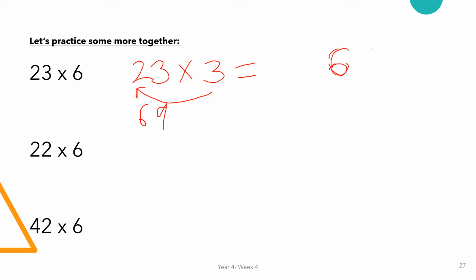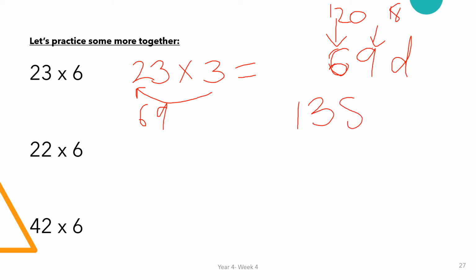So 69 doubled is, so we've got 6 multiplied by 2 or doubled is 120, and the 9 doubled is 18. 120 plus the 18 will give you a total of 138.